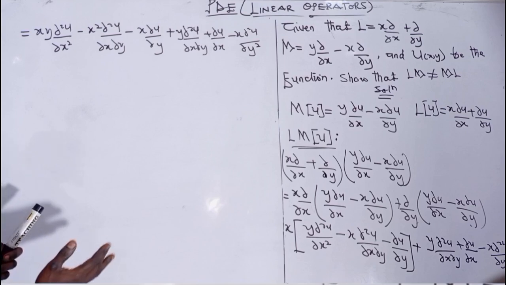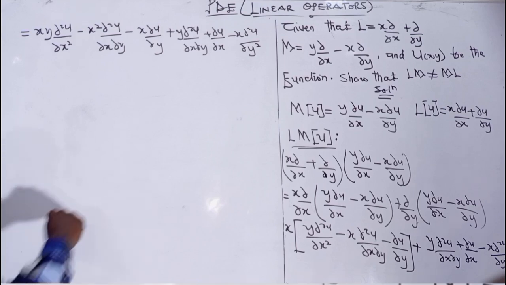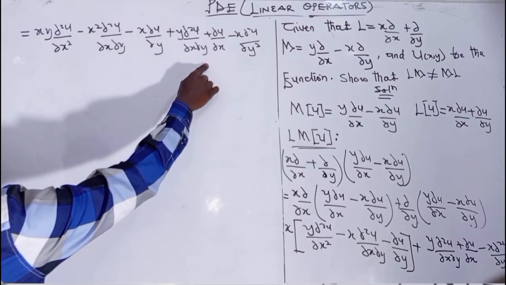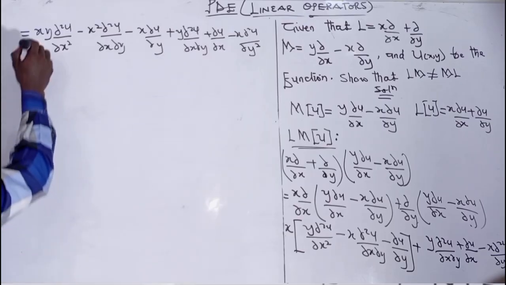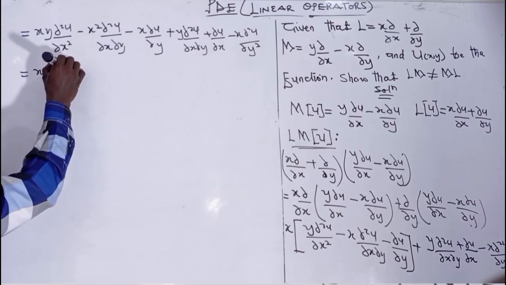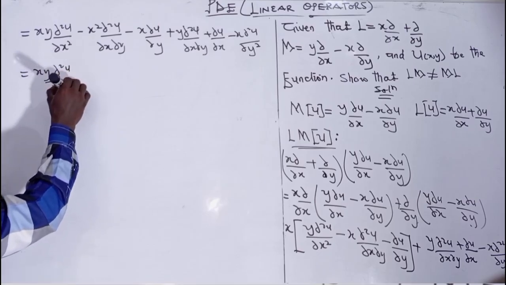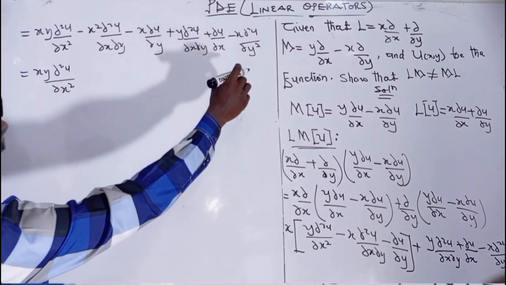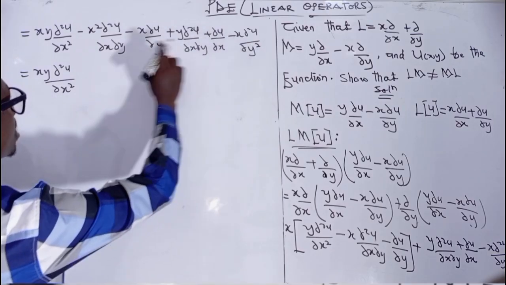So once we have that, we are just going to group like terms. Okay, we have the x ∂u/∂y and the x ∂u/∂y. We can group those like terms. So let's write this first. We have xy ∂²u/∂x². Now let's bring this. Okay, let's add this one.